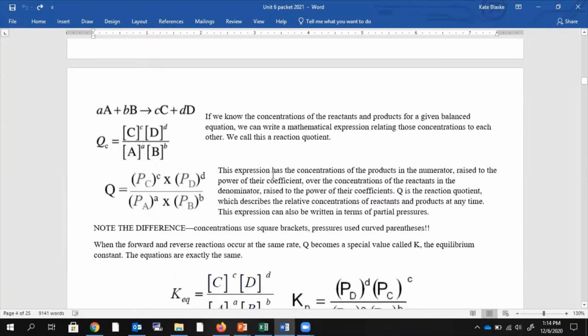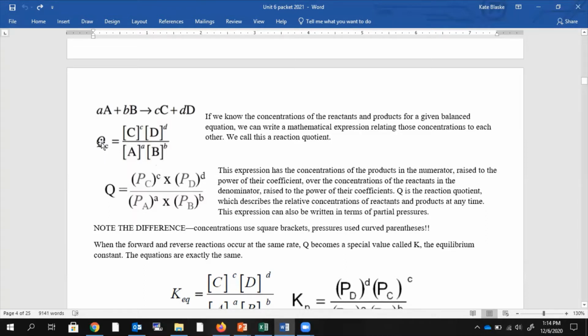When we have a system and we do not know if it is in equilibrium or not, we are going to write an equilibrium expression in terms of Q, capital letter Q. We call this our reaction quotient. Anytime we know we are not at equilibrium, or we are not sure if we are at equilibrium, we write this in terms of Q.